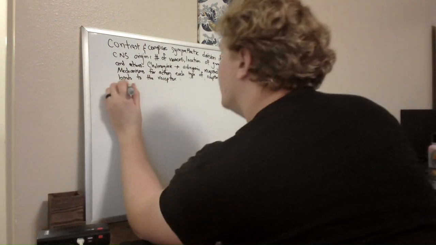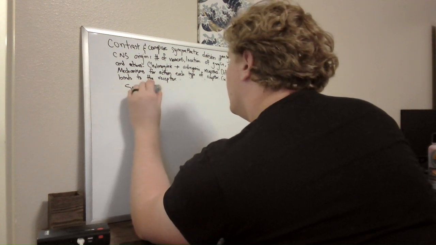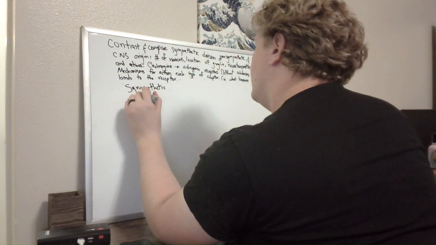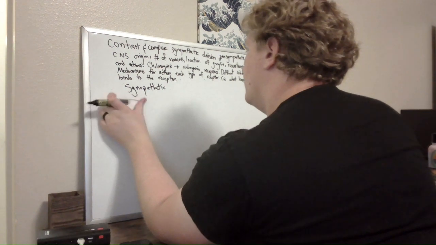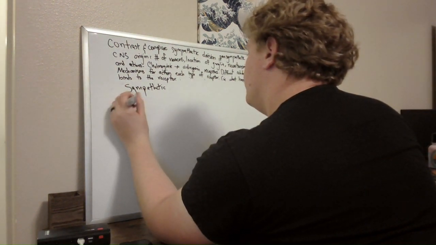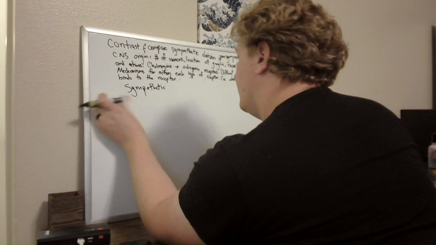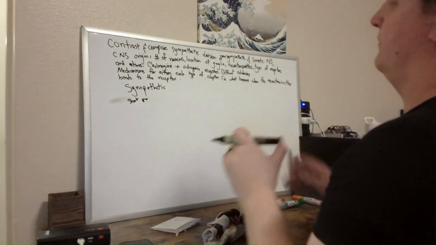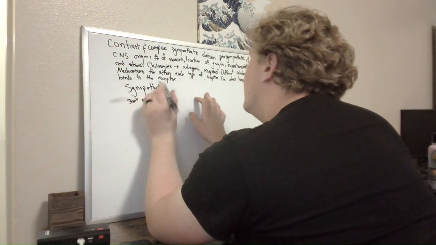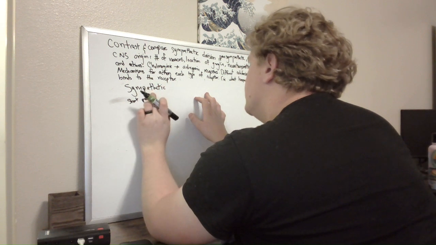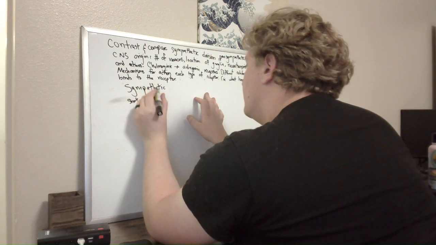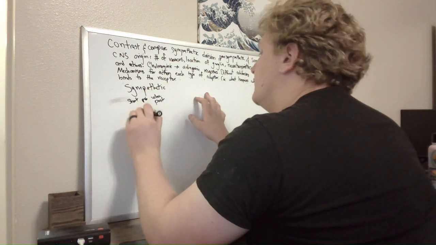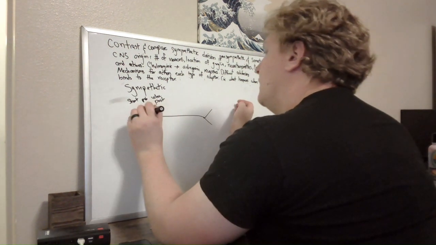So the sympathetic typically has a shorter preganglionic, and then it depends wherever the target is on how long the post is going to be.